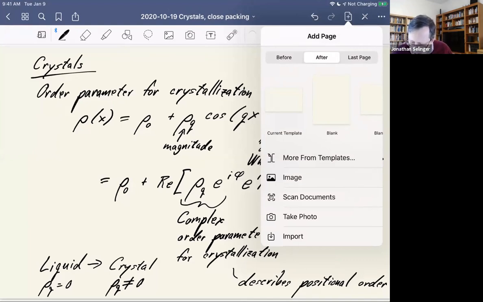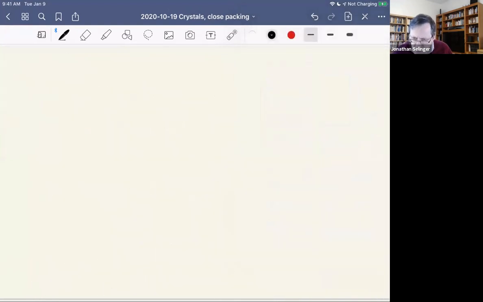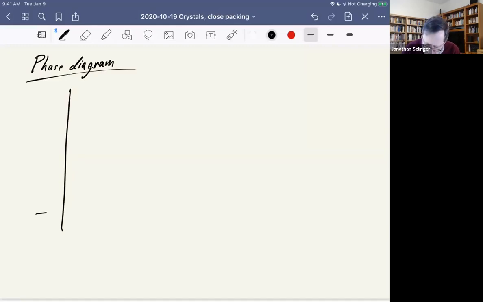Let me sketch out a phase diagram in both the temperature-pressure plane and the temperature-volume plane. In the temperature-pressure plane, suppose we have temperature on the vertical axis and pressure on the horizontal axis.